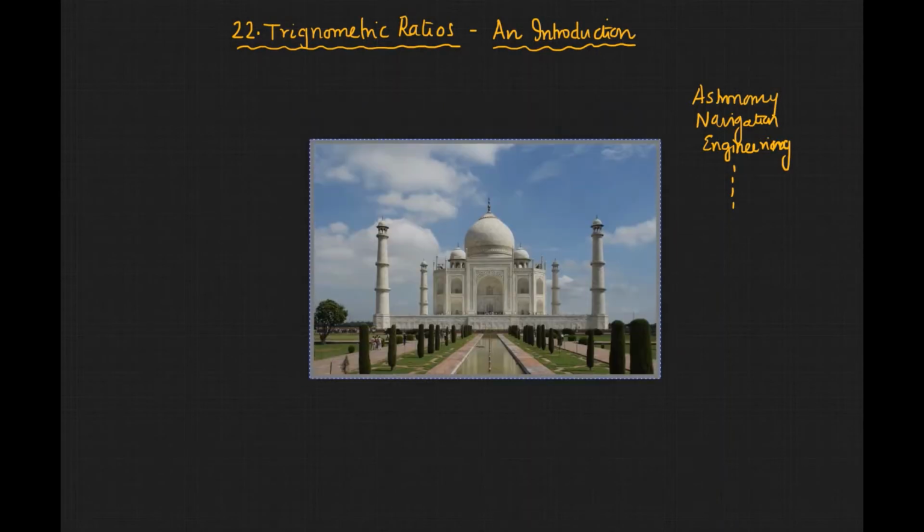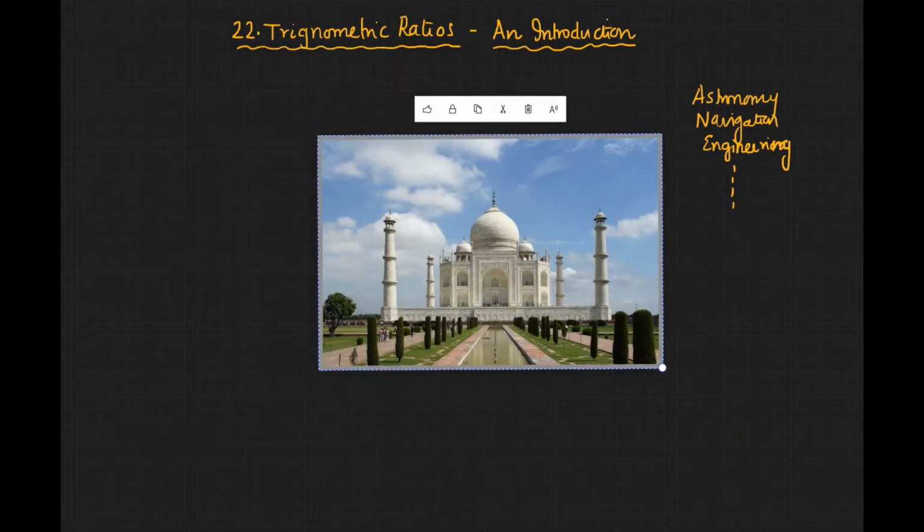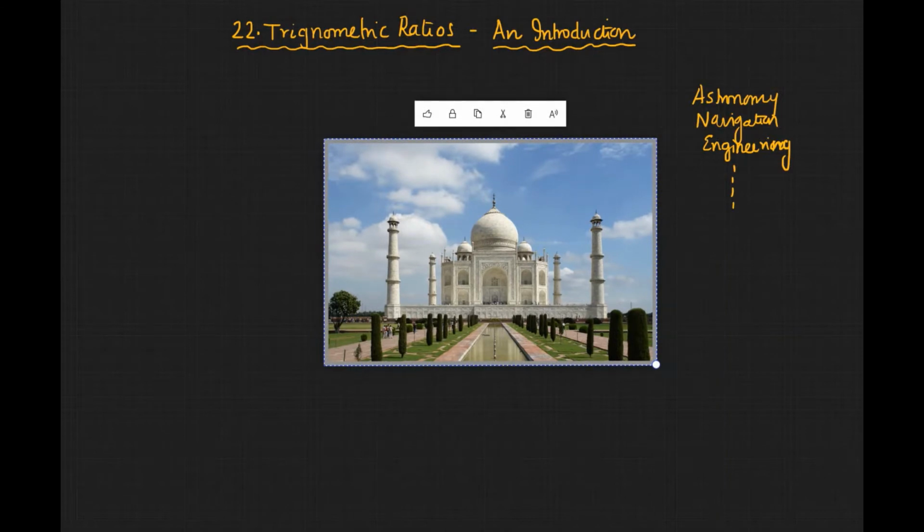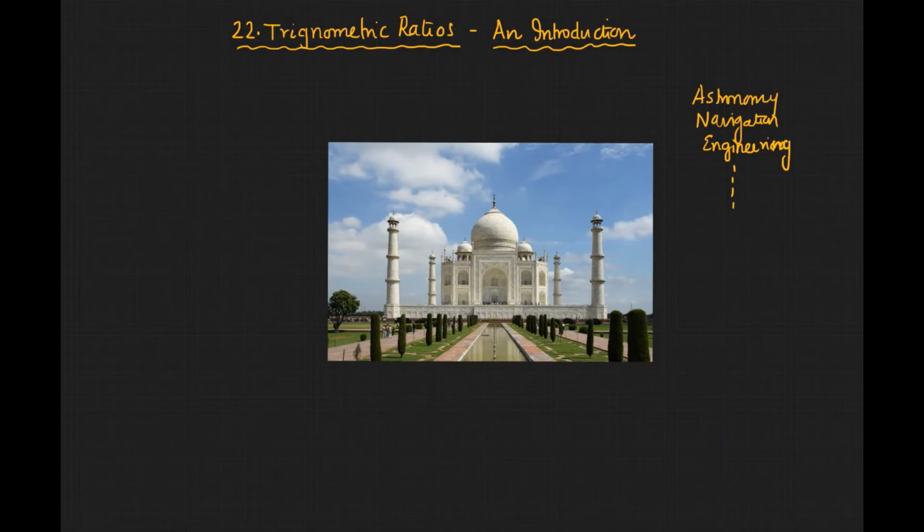So this is the Taj Mahal, and let's say you want to find the height of this building, from here to here. Now definitely you can't measure this height without climbing up the Taj Mahal.